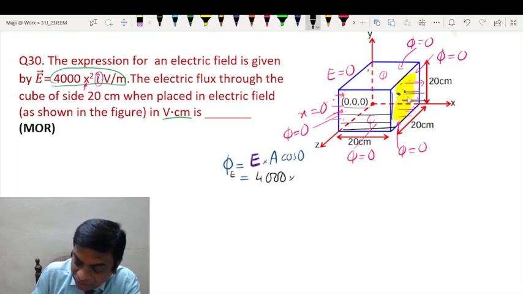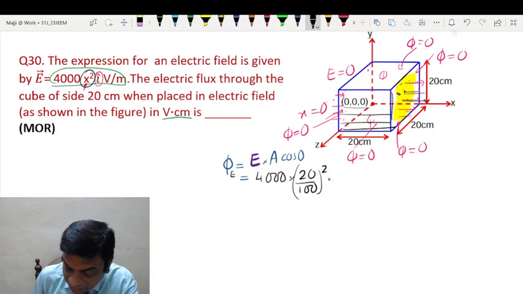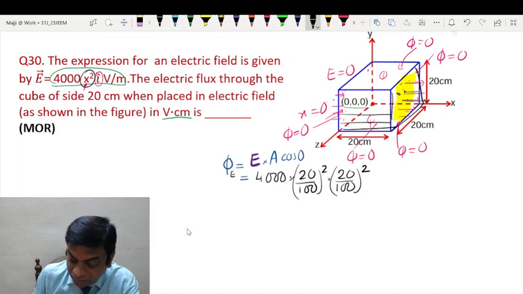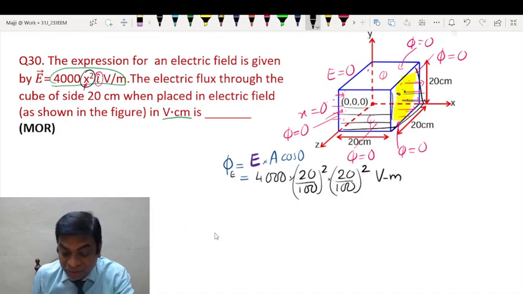At any point here you can say x is 20 cm. So 20 cm means you have to convert it into meter. x square is there, so square it, volt per meter. Area is 20 centimeter into 20 centimeter. So I have converted into meter.